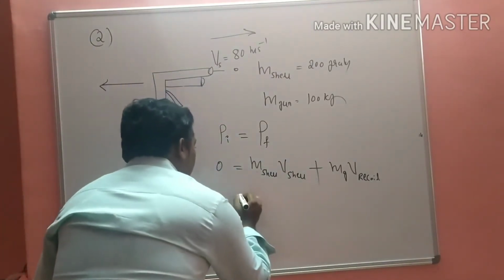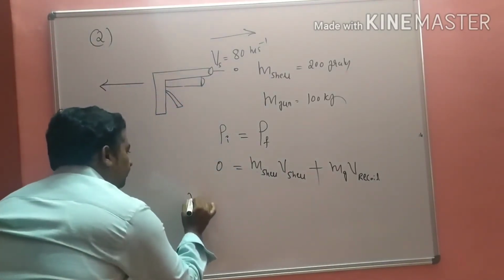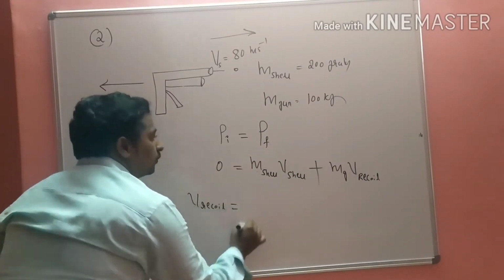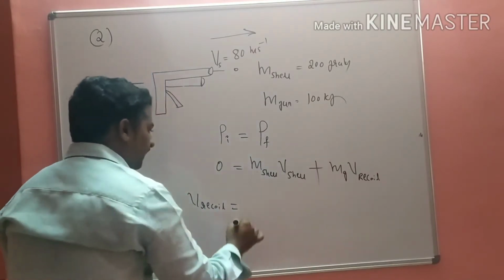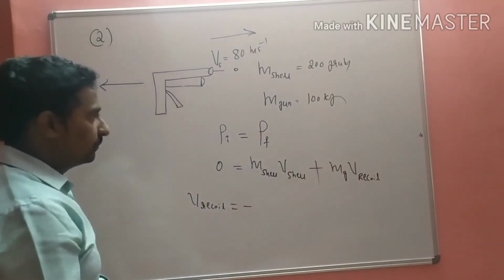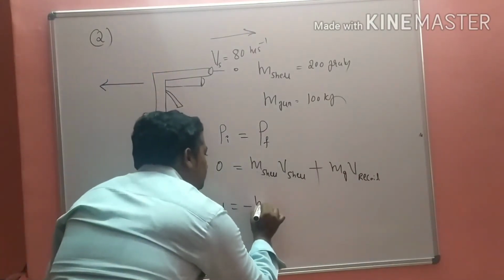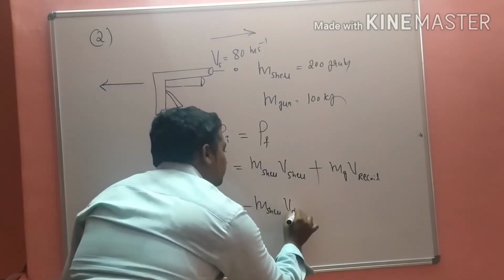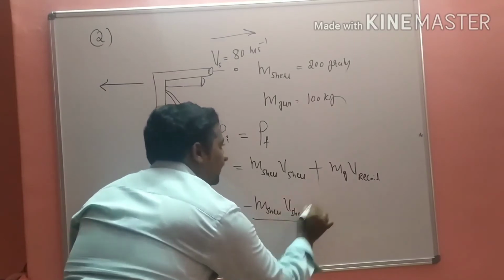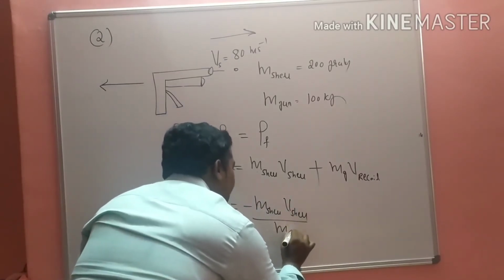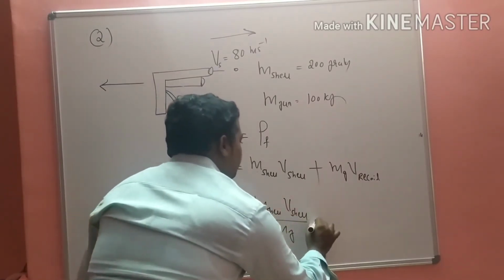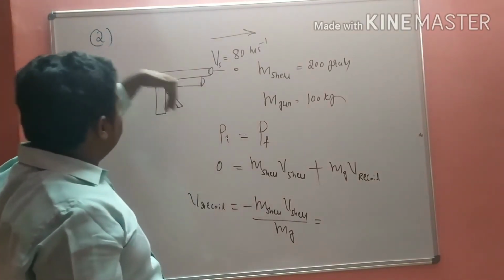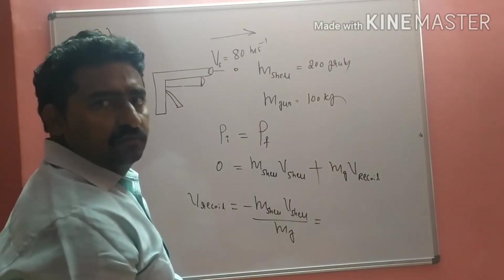So the speed of the recoil is equal to minus the mass of the shell times the speed of the shell divided by the mass of the gun. The negative sign is because it is the backward direction.